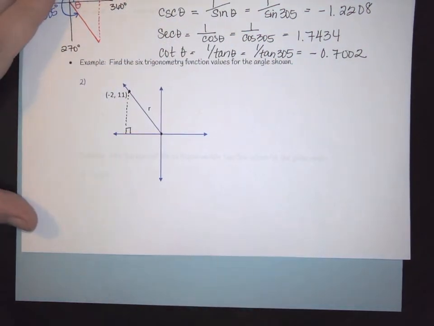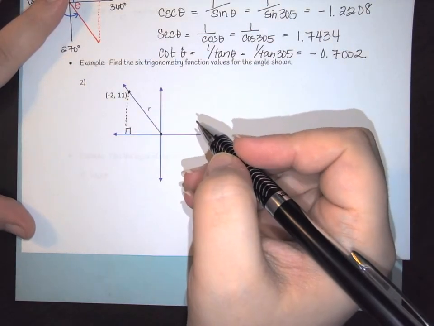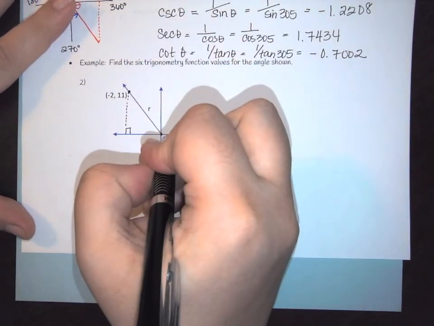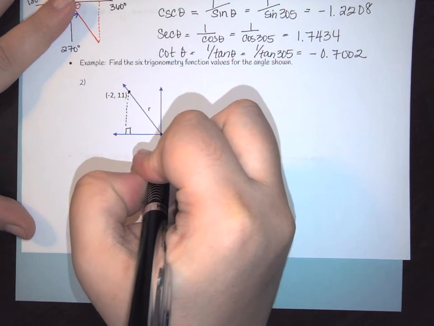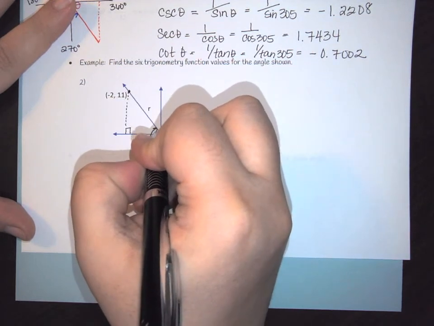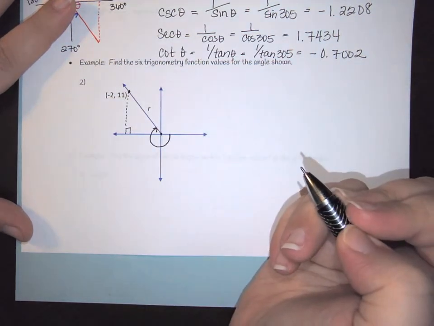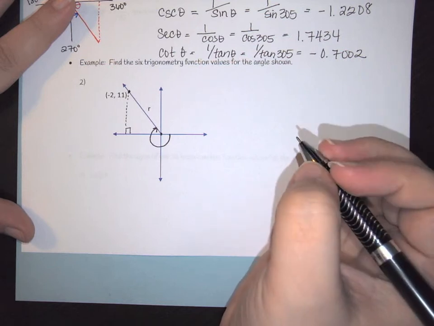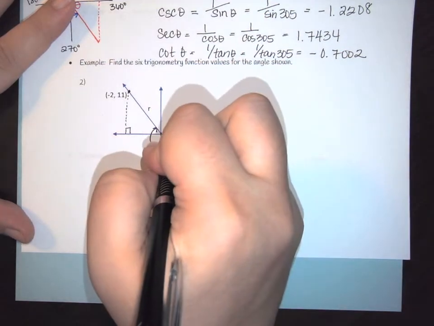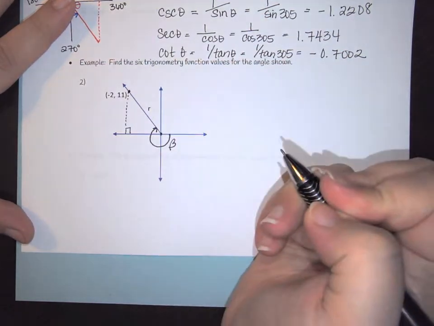So in this case, what we are actually talking about is going from here in the reverse as being, say, your angle here. And so this is what we're doing. So we might call this angle beta.